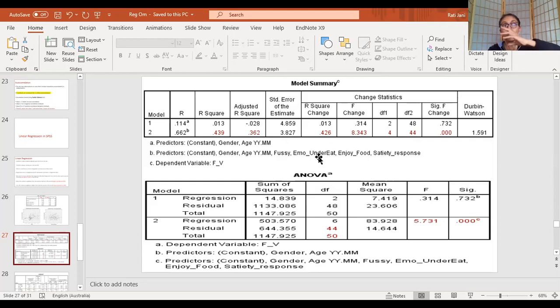Is that simple enough? So is behavior having an impact on the child's actual fruit and vegetable intake? That is what is measured. All of these variables together, age, gender, and all these eating behaviors, are explaining 36.2% of variance for the fruit and vegetable intake.